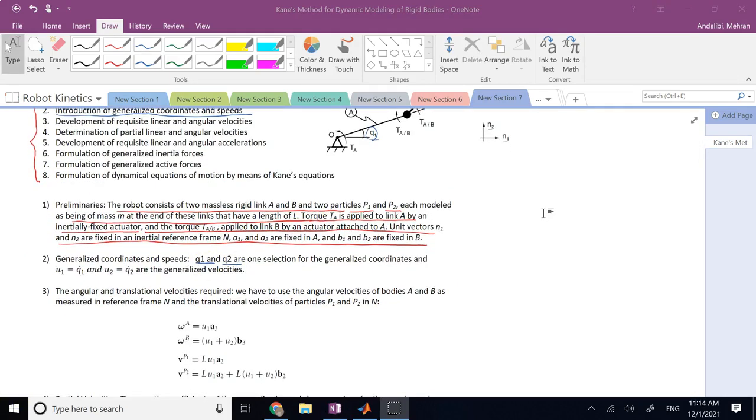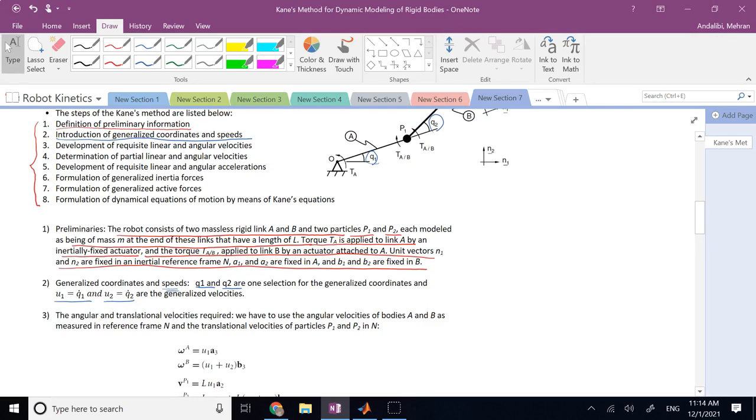Generalized speeds are the time derivatives of these, so we use Q1 dot and Q2 dot. To avoid showing dot all the time, we use the notation U1 and U2, which are the same as Q1 dot and Q2 dot.